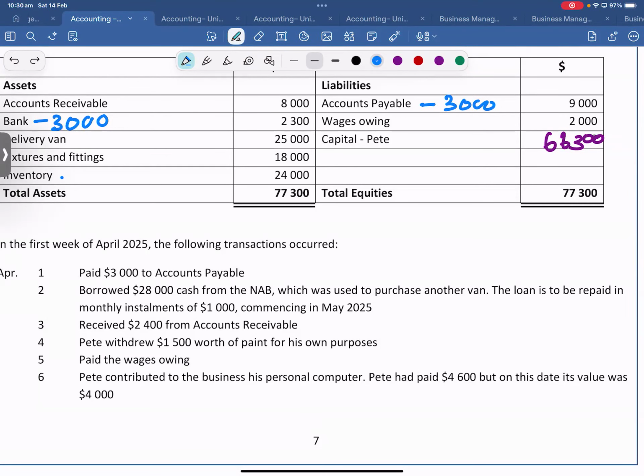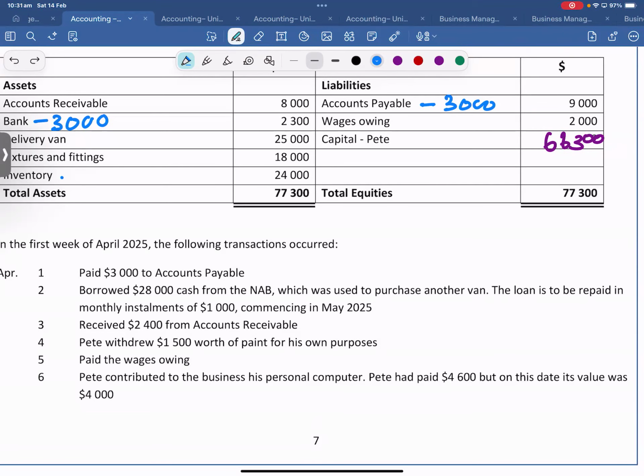Okay, so what happens is, you go to the bank, you get a bank loan, your loan liability increases, your cash at bank increases, because you get the loan. Next moment, with that money you received on the loan, you give it to the van seller and get the van.